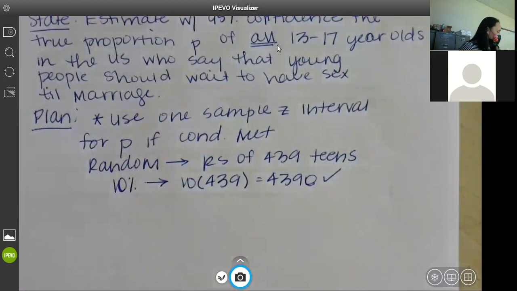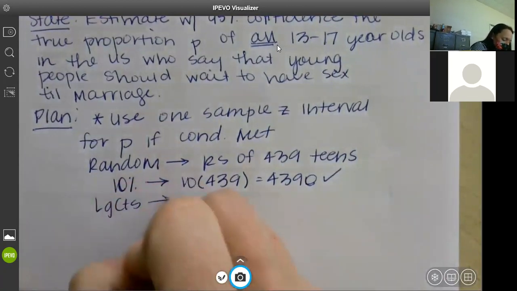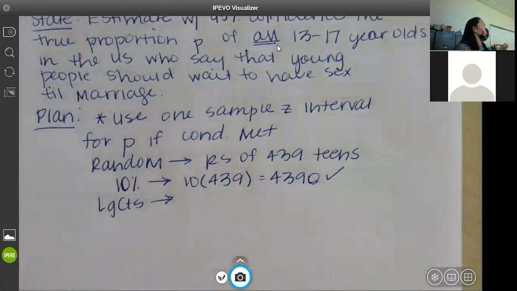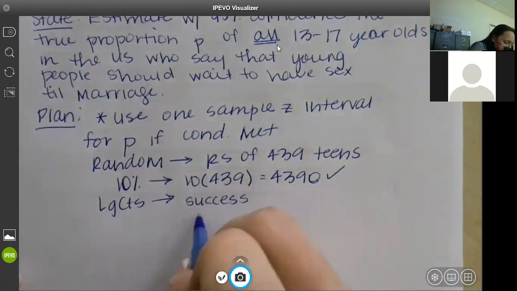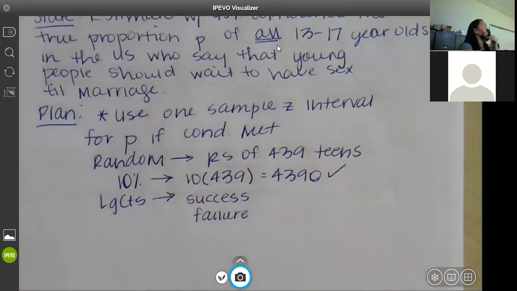All right. What's the next one you check? How do we check large counts? What is greater than or equal to 10? Success and failure. So don't forget that. And you don't have to write success or failure. I'm just putting it there for you guys to understand where the numbers come from, okay? So when you do it yourself, you can just write the two numbers.